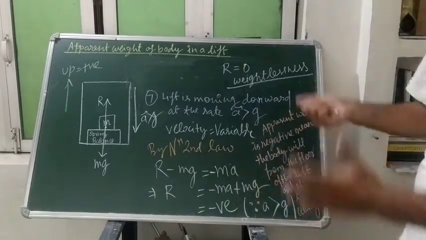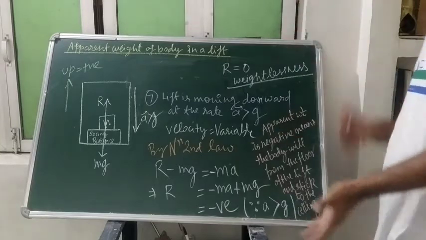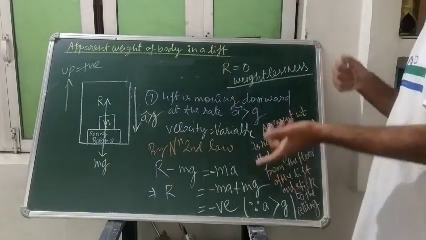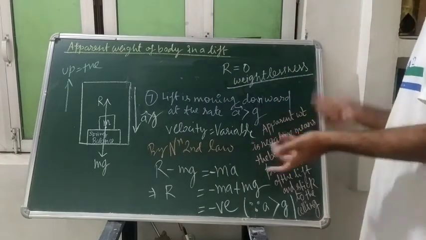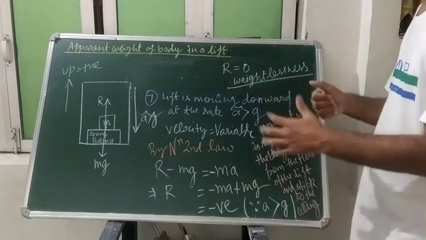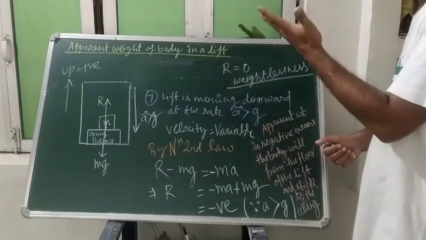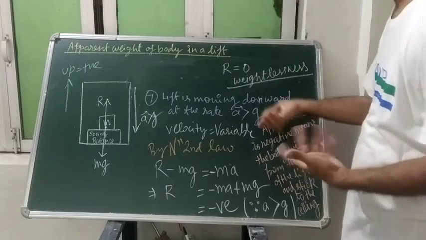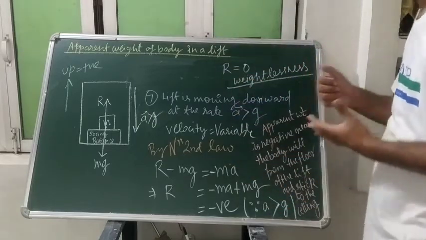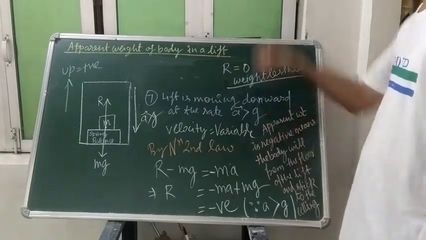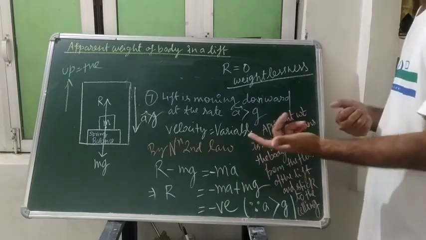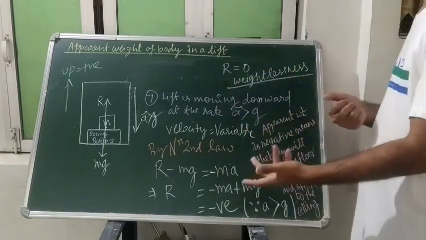In the case when the lift was moving upward and the acceleration was equal to g, our apparent weight was coming equal to 2 times the actual weight. And when you make the acceleration more than g and moving upward, by how much the apparent weight will increase depends upon what value you have increased the acceleration to beyond g.